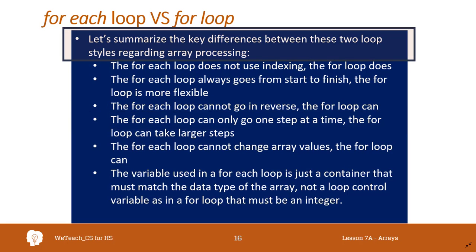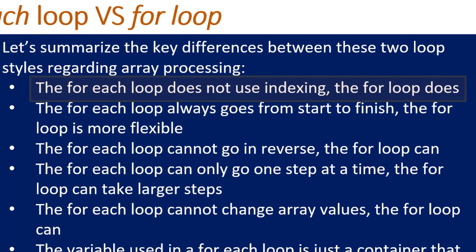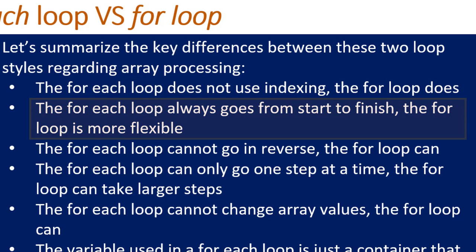Let's summarize the key differences between these two loop styles regarding array processing. The for-each loop does not use indexing. The for loop does. The for-each loop always goes from start to finish. The for loop is more flexible. The for-each loop cannot go in reverse. The for loop can.